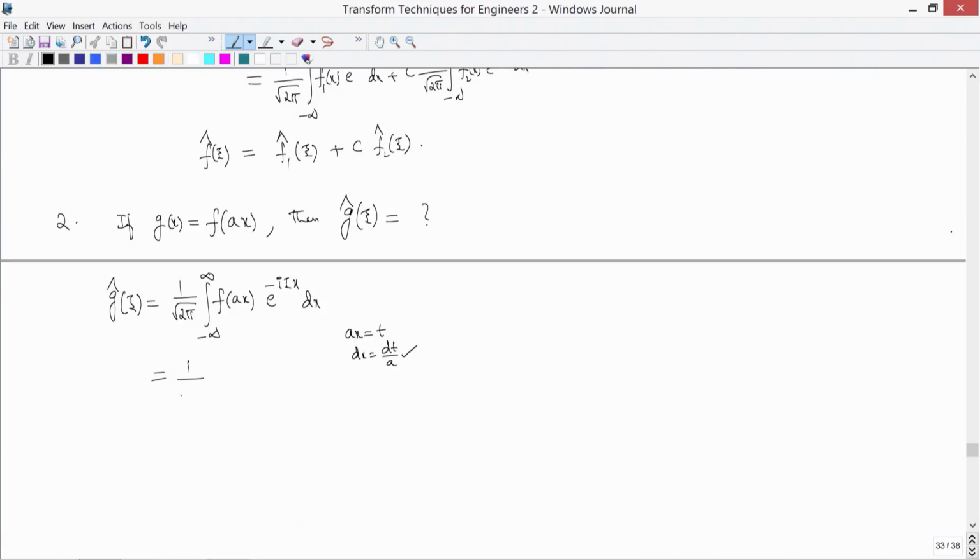If you do that, 1 by root 2 pi, 1 by a comes out, because I am replacing dx with dt by a, and at x equal to minus infinity, t is also minus infinity. So, let us say a is any positive number. Okay. So, let us choose a positive.